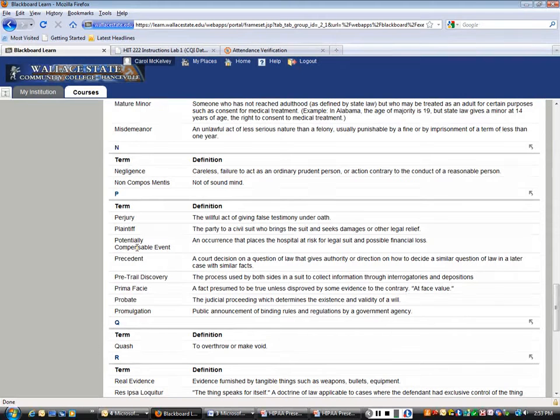Prima facie, it's a fact, and that literally means at face value. So a fact presumed to be true unless disproved by some evidence to the contrary. A perfect example of this is when an individual takes an oath and is being questioned, and they say, please state your name. My name is John Doe.